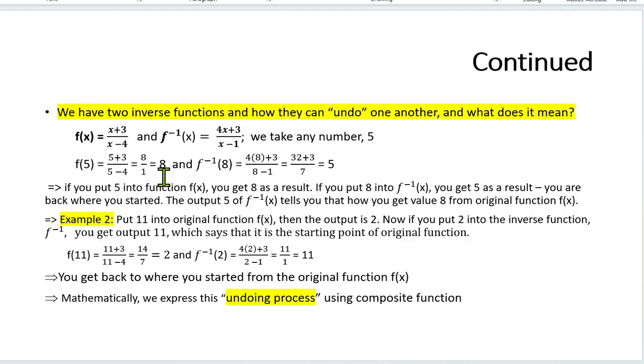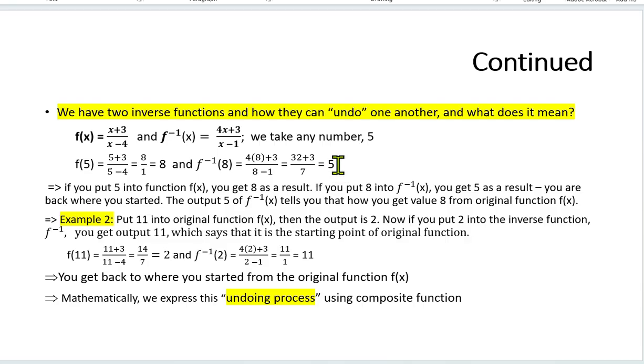Now we put the output 8 of the original function into the inverse function: instead of x, we put 8, so the numerator is 35 and the denominator is 7. So it gives output 5.